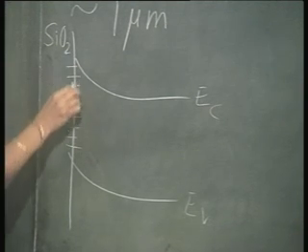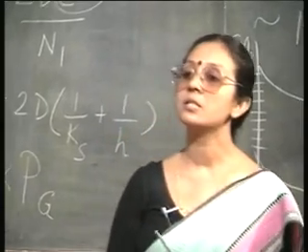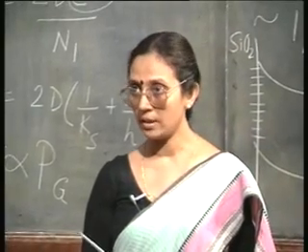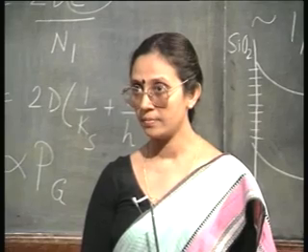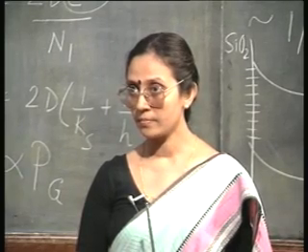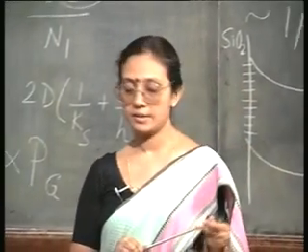These are available energy states present all over the forbidden energy gap. They can trap and detrap electrons, that is, they take part in the electronic activity. So, this is one major non-ideality.